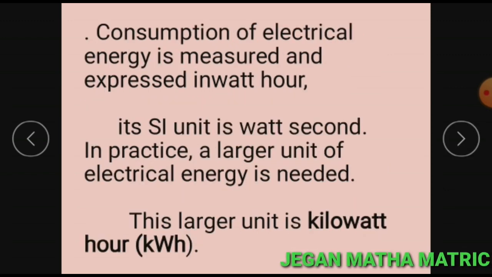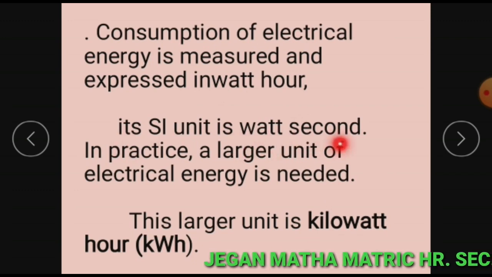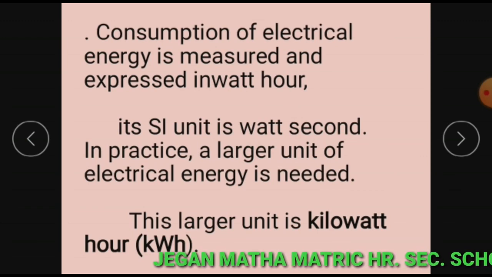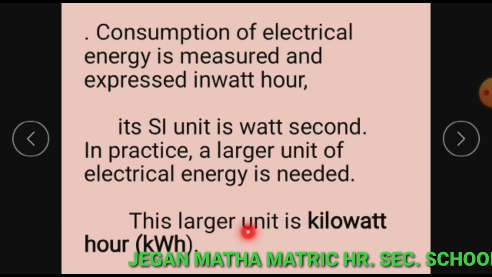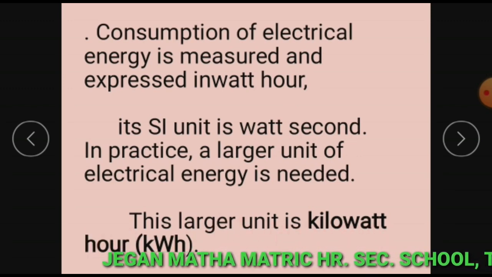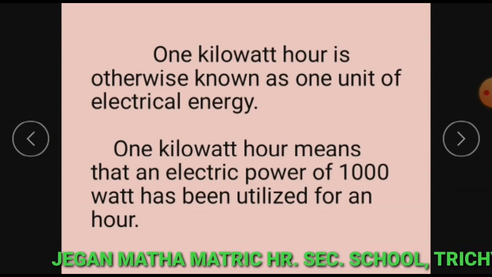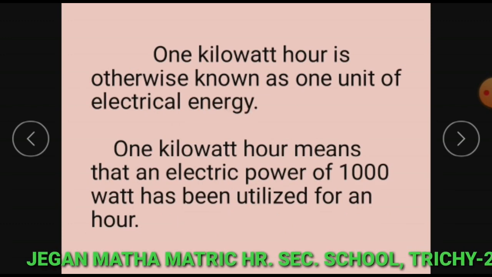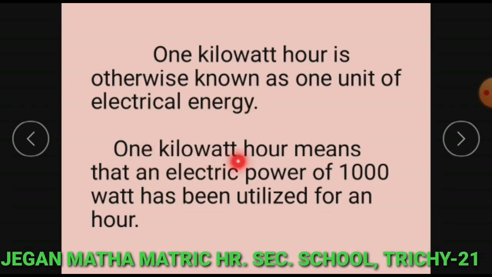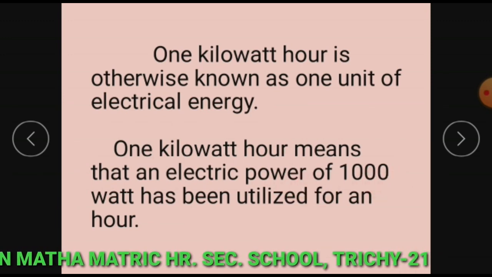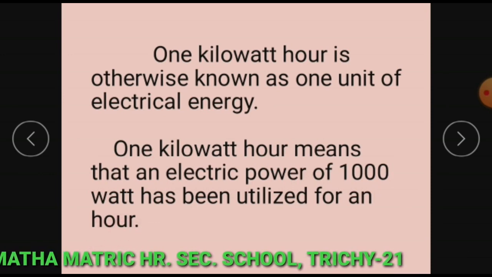Consumption of electrical energy is measured and expressed in watt hour. Its SI unit is watt second. In practice, a larger unit of electrical energy is needed. The larger unit is kilowatt hour. 1 kilowatt hour is otherwise known as 1 unit of electrical energy. 1 kilowatt hour means that an electric power of 1000 watt has been utilized for an hour.